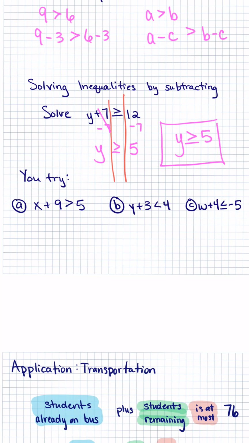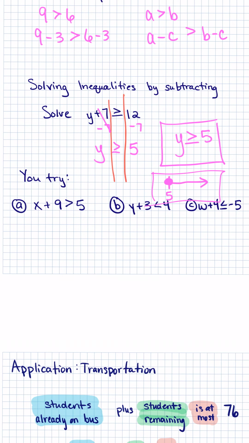Okay, you try these next 3. Just for practice purposes, let's go ahead and graph them too. So here's 5. It's a closed circle because it's equal to, and y is greater than or equal to 5. So this is what your graph would look like, just kind of a short version of it.